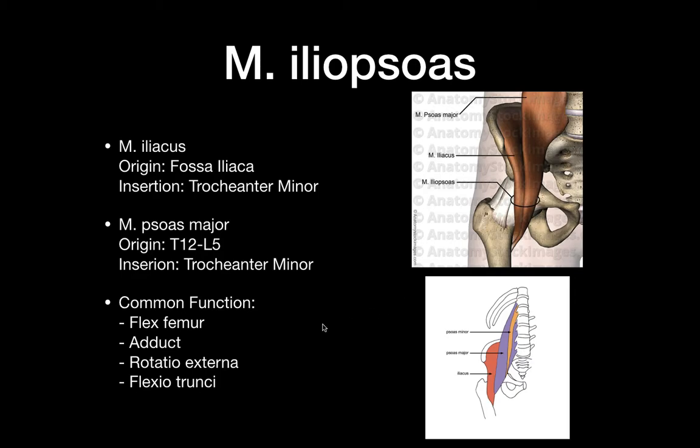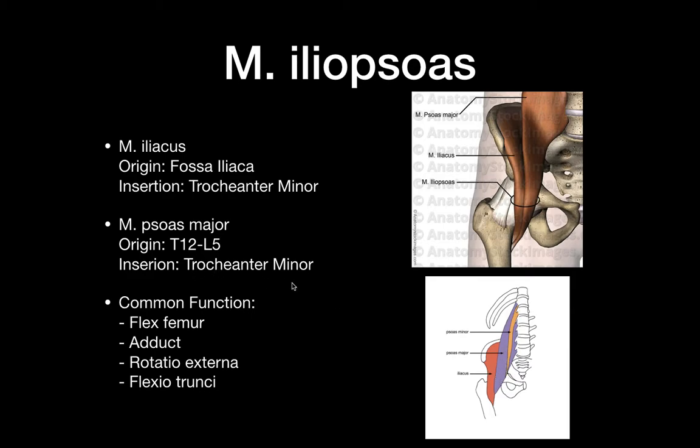The Musculus Iliacus is one of the two muscles. It originates from Fossa Iliaca. If you remember where Fossa Iliaca is from anatomy, it's going to be right here. And Musculus Psoas major is going to originate from the vertebrae T12 to L5, and it's going to be purple in this picture.